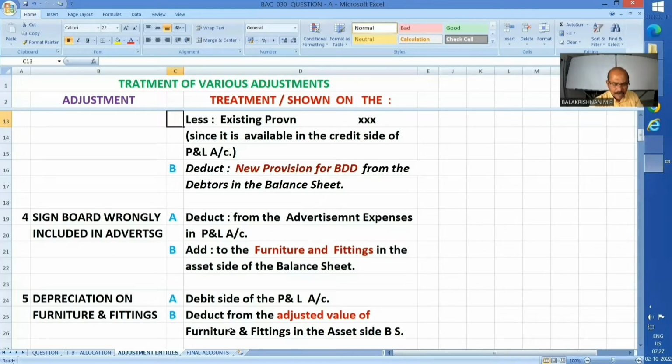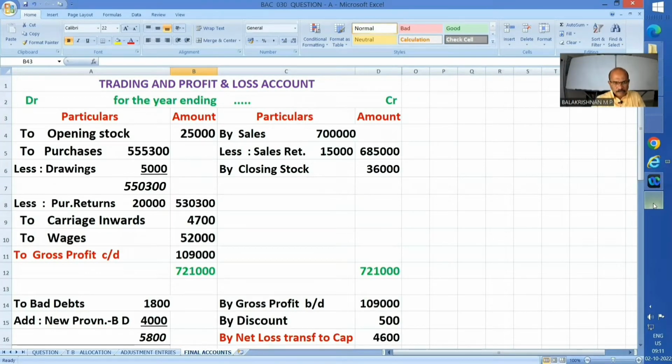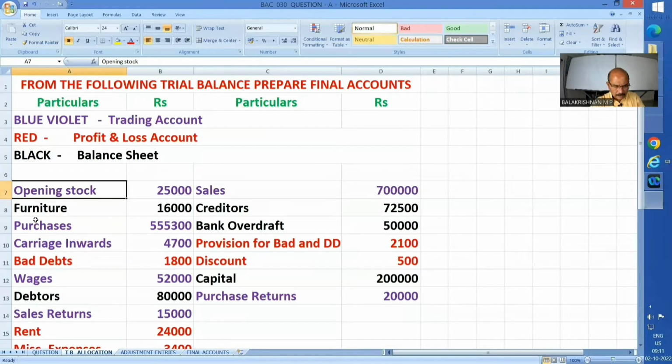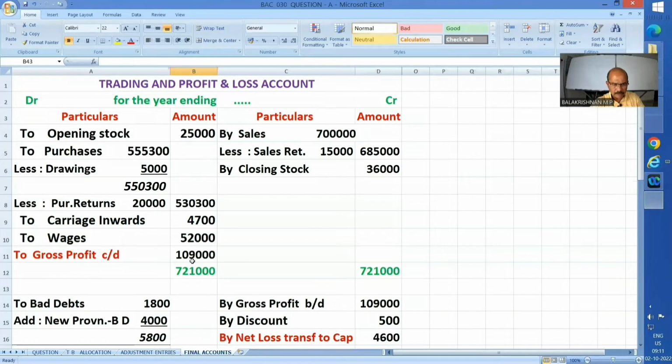Okay. So adjustment entries I explained to you. Now let us move to the trading and profit and loss account and balance sheet. First, let us take up the trading account. For your convenience, I have already shown those items in blue-violet color. I have just shifted those items here. And of course, purchases have been subject to adjustments.